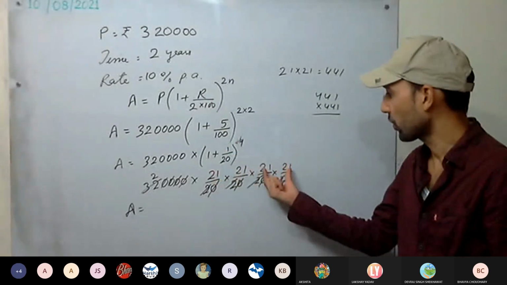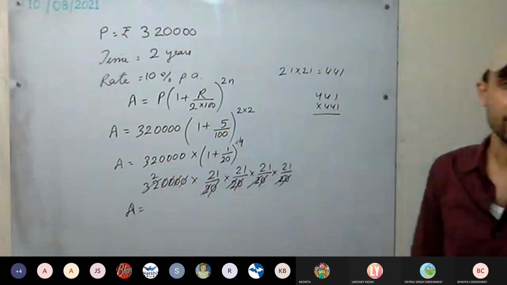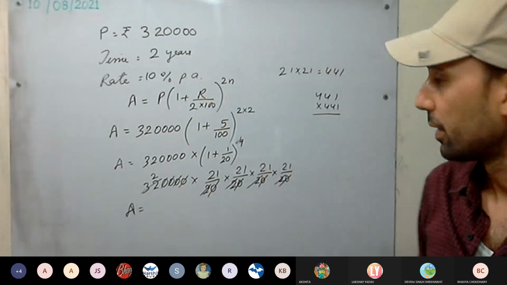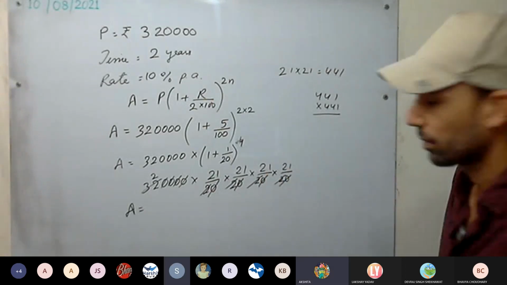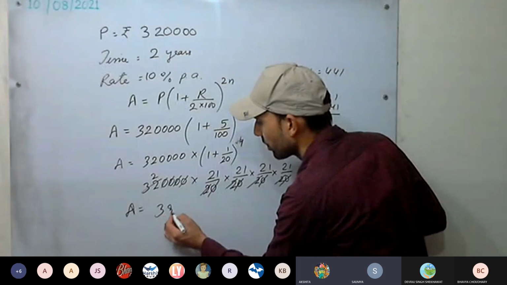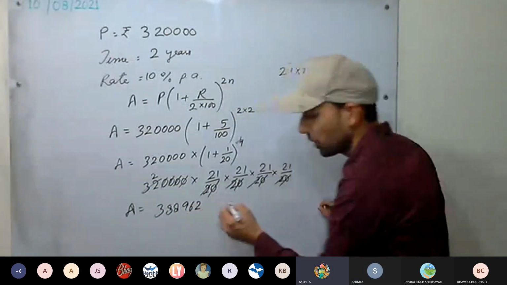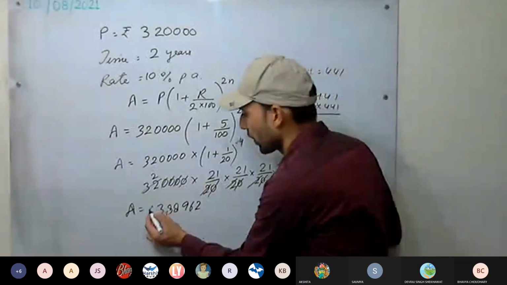How much answer did you get? 3,88,962. This much rupees amount you got.